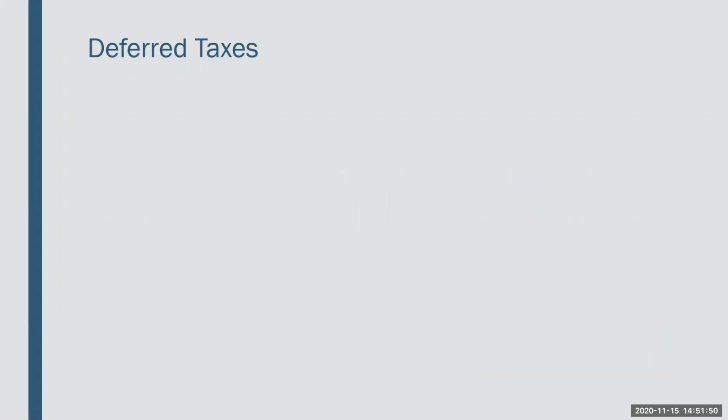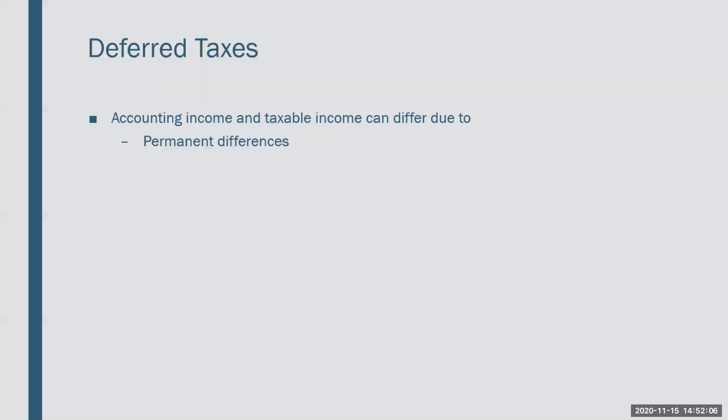Deferred taxes, as a reminder, arise because of differences in the accounting income and taxable income. You'll remember from your second intermediate accounting course that these differences can either be permanent in nature or they could arise due to timing differences.